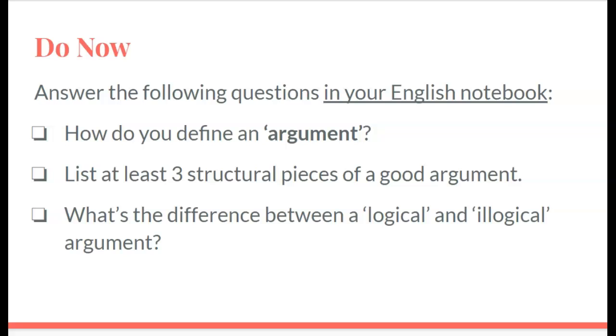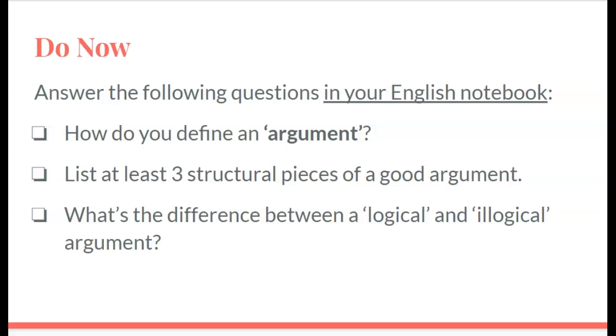And the difference between a logical and illogical argument: when you follow logic, then you're making sense. It's organized in a manner that makes sense and flows together. Your evidence is strong evidence that clearly supports your claim. Illogical would be the opposite. It is not logical.